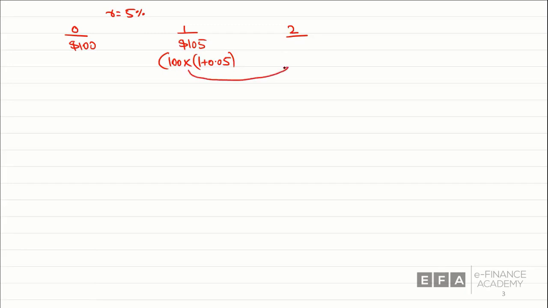So 105 would grow again at 5%, which is 1 plus 0.05, to become $110.25.